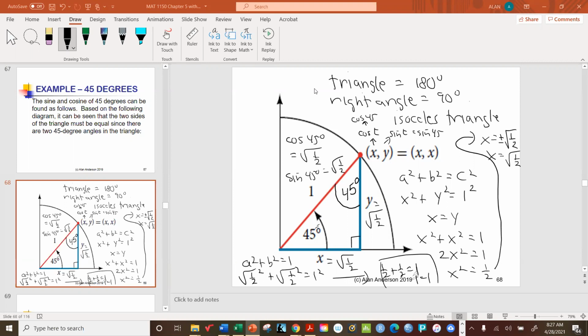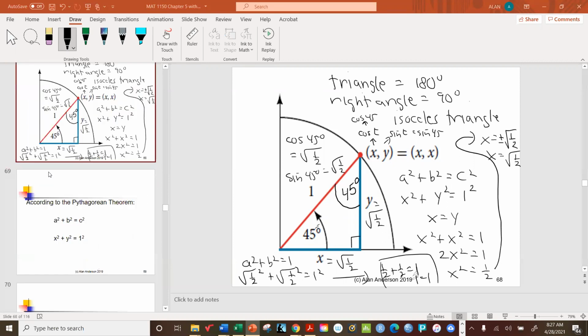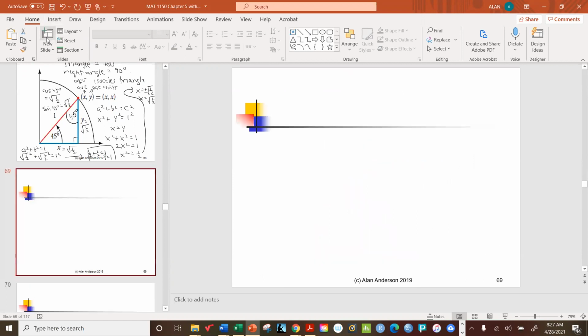What I've just done is prove to you that these two are equal to radical 1/2. So the sine of 45 degrees is radical 1/2, and so is the cosine. And we just proved it.